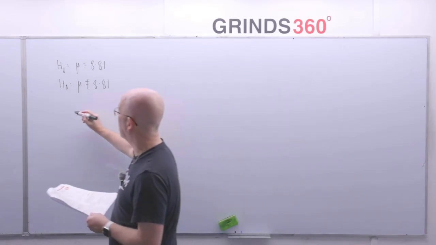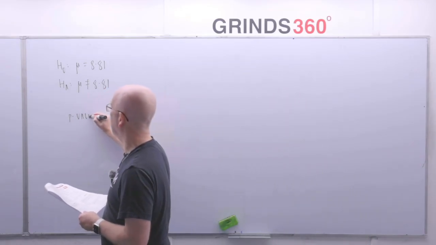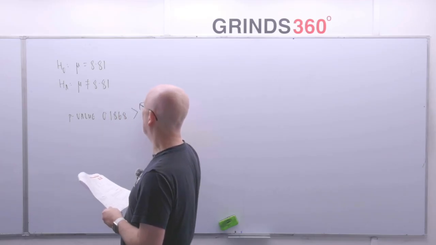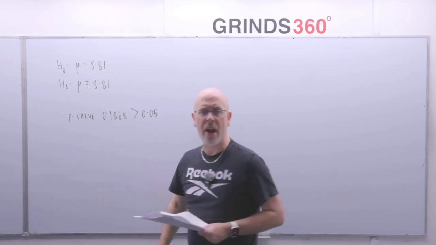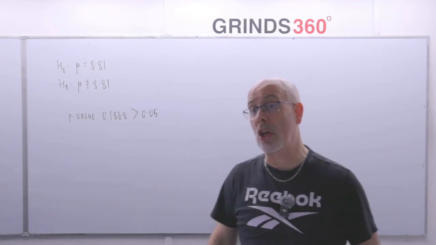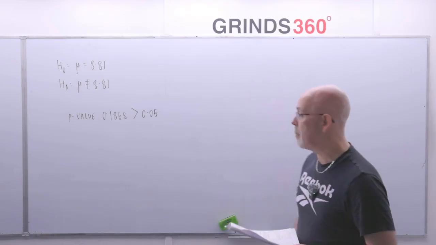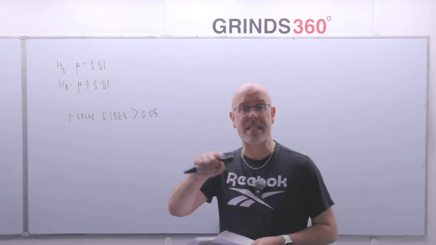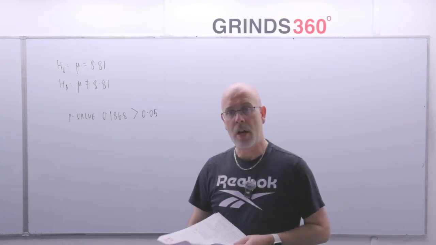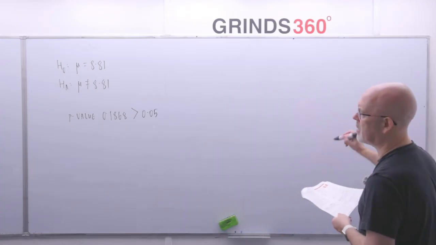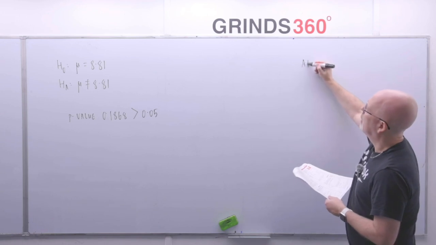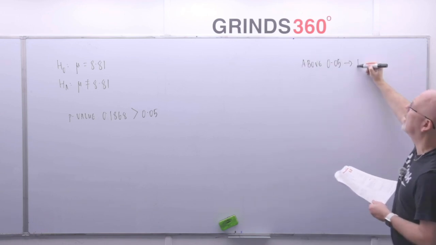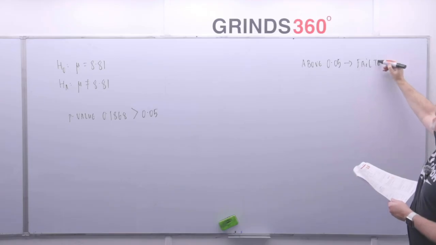So the p-value here is 0.1868. That's bigger than 0.05. We're comparing this, as we mentioned in the previous lesson, to 0.05, because we're doing the test at the 5% level of significance, and 5% as a decimal is 0.05. The key thing to realize is that if your p-value is above 0.05, you fail to reject H0.